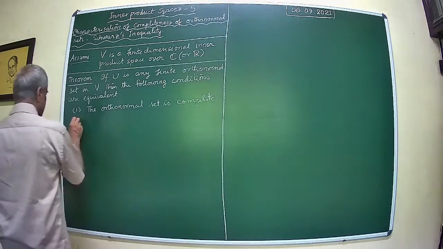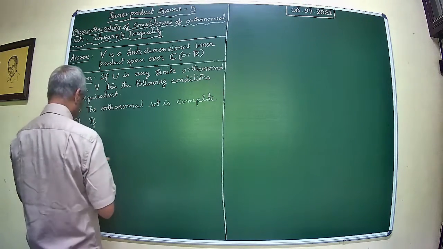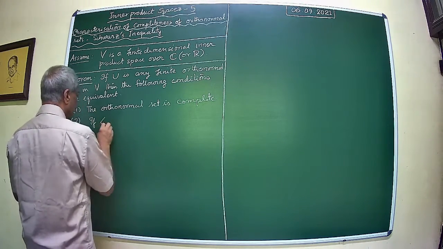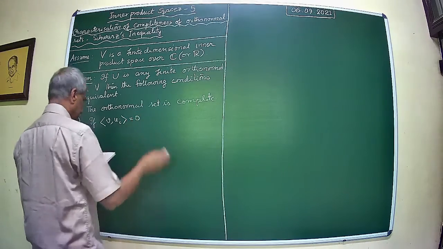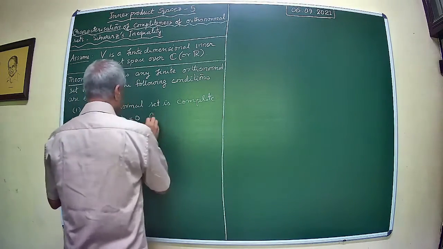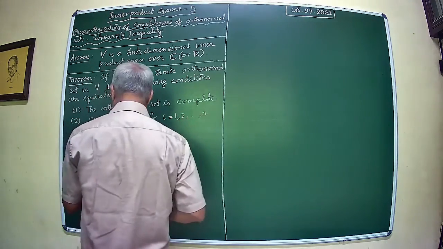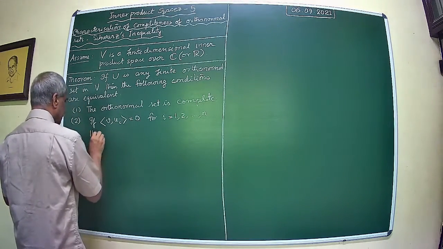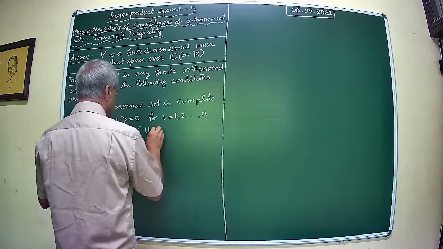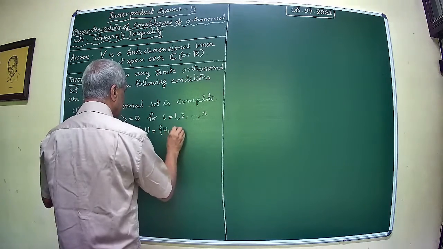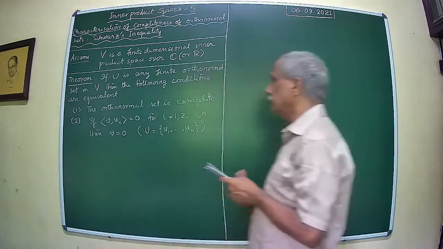The second statement is that if the inner product of v with Ui is equal to 0 for i equal to 1 to n, here U is the collection, that is the orthonormal set that you are considering.